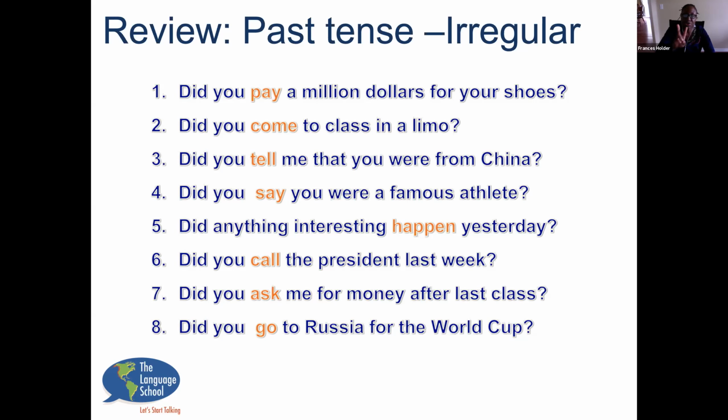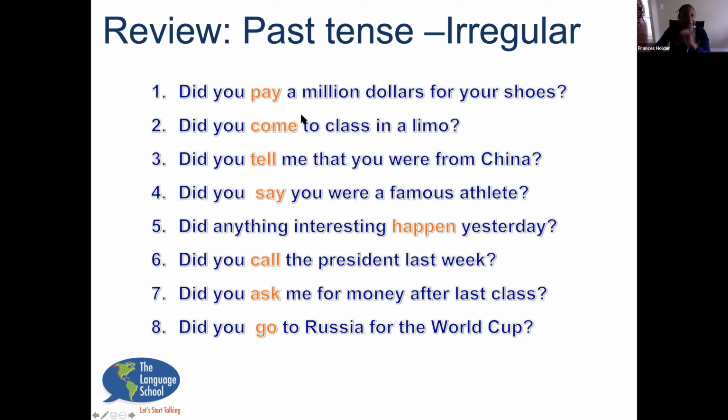In English, two negatives make a positive, just like math, okay? So it's not like Spanish where you can say nothing interesting didn't happen. You can't say that in English. You have to say something interesting didn't happen, where didn't is your one negative, or you can say nothing interesting happened, where nothing is your one negative, okay?